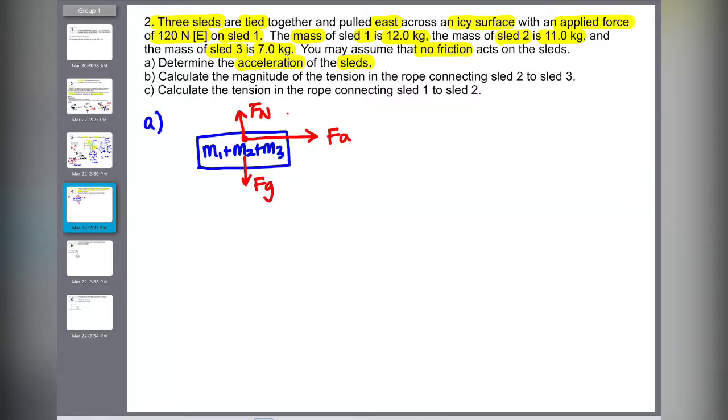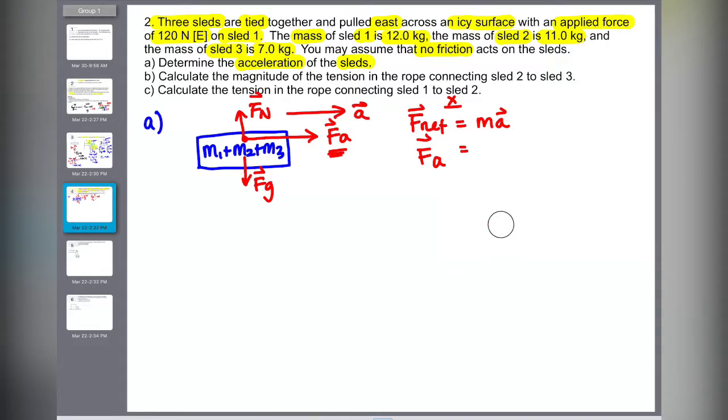The acceleration is towards the right. So to find the actual acceleration of the object, I know that F net is equal to MA. And F net in this case, I only have one force. I'm studying the motion along the X. F net is just FA. I only have one force because they told me to assume that there is no friction.